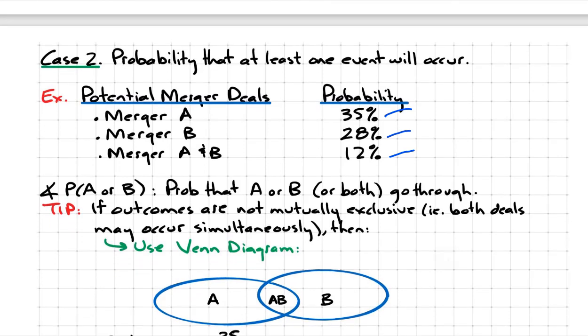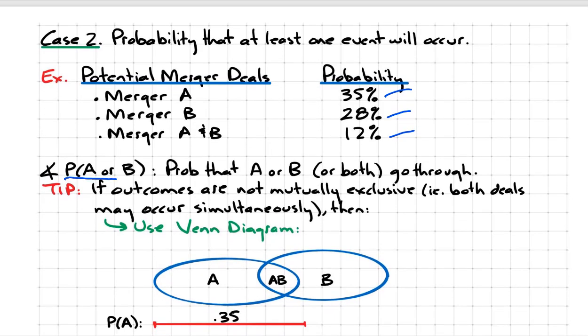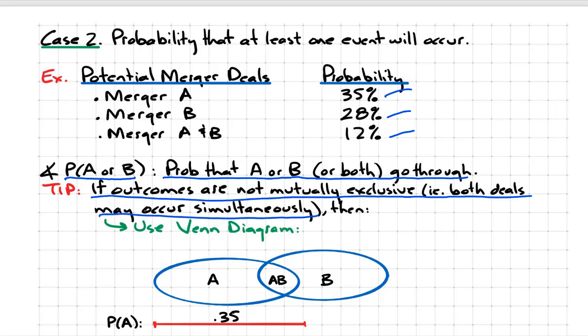And what we're asked to compute is the probability of either A or B going through. In other words, probability of A or B or both mergers occurring. Now tip, if the outcomes are not mutually exclusive, in other words, both deals may occur simultaneously, then the framework we would use would be the Venn diagram.